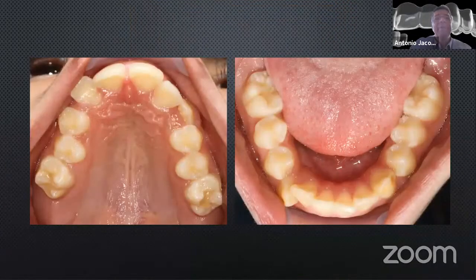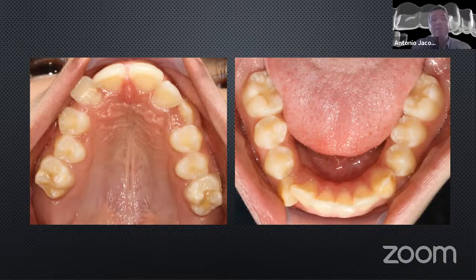So we just try to open the space and use the rapid maxillary expansion and the space generated by this expansion towards our accomplishment, which was the space for this canine. So in this case, I made the decision for non-extraction.